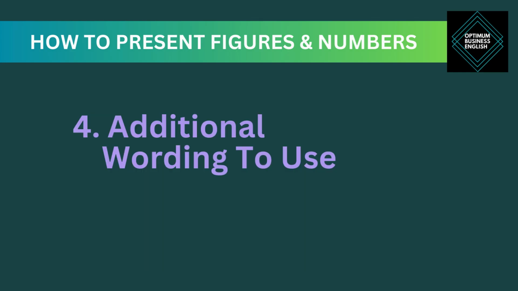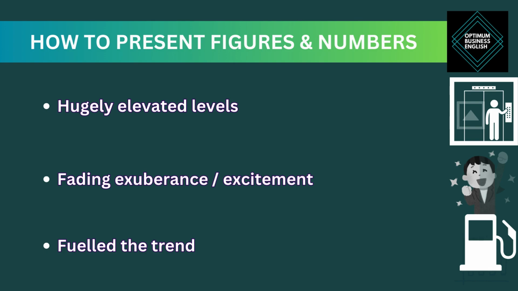In section 4, you will discover even more ways of expressing or saying numbers and figures using specific phrases and groupings of words. To have hugely or largely elevated or high levels. To have fading exuberance or excitement about the market, etc. Social media fueled the trend or gave fuel or energy to the trend direction.